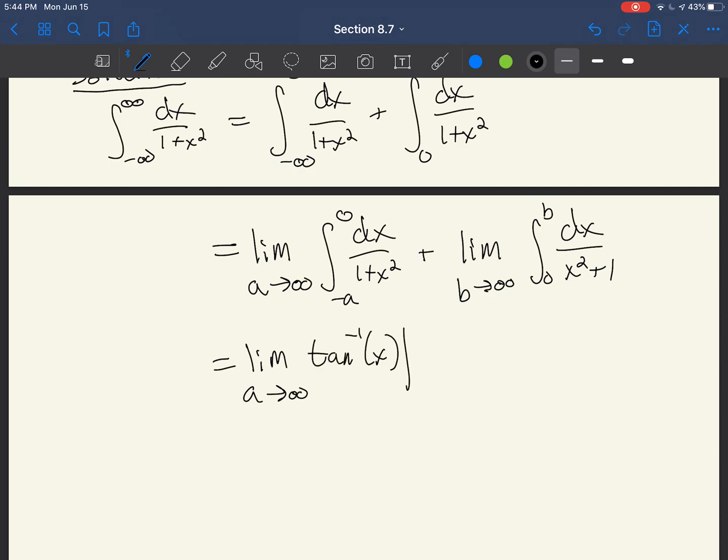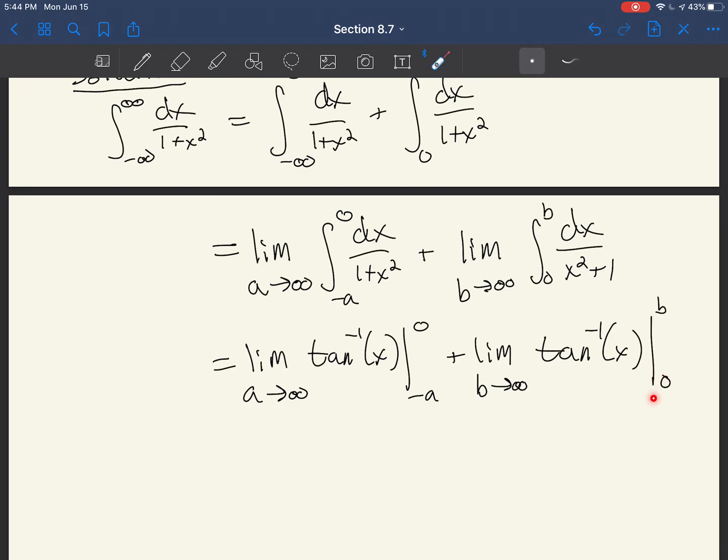These are well-known integrals. This is the limit as a goes to infinity of tangent inverse of x, evaluated from negative a to 0, plus the limit as b goes to infinity of tangent inverse of x, evaluated from 0 to b.